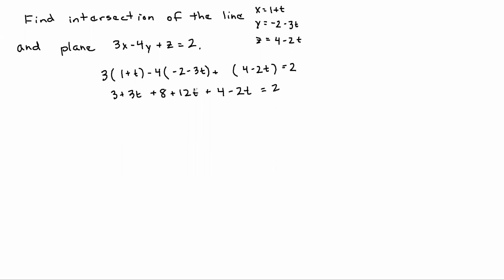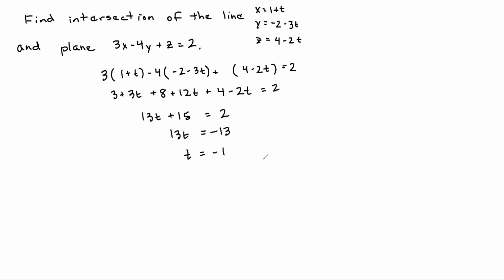And if you combine 3t, 12t, and negative 2t, we're going to get 13t. 3, 8, and 4, we combine to get 15. And then 13t equals negative 13.